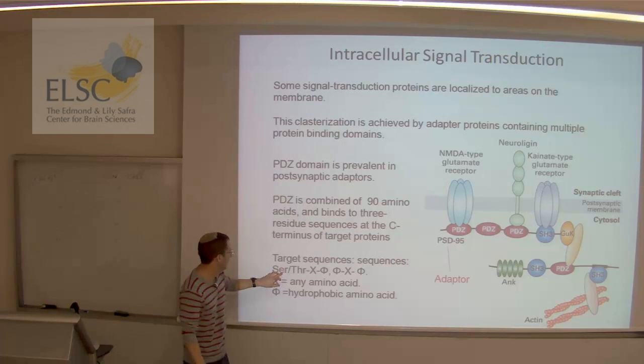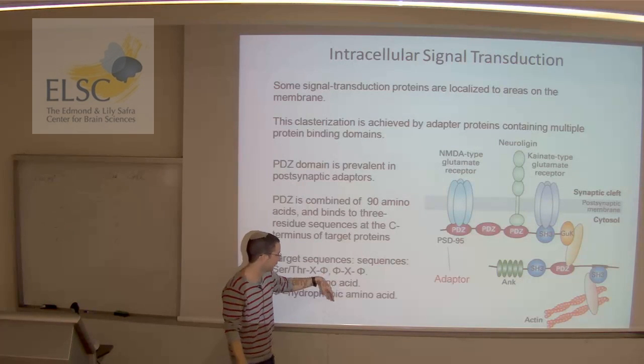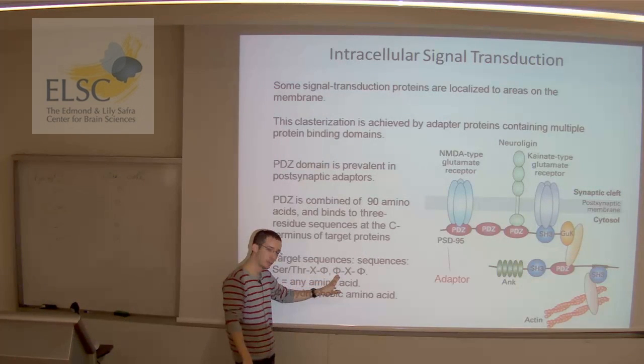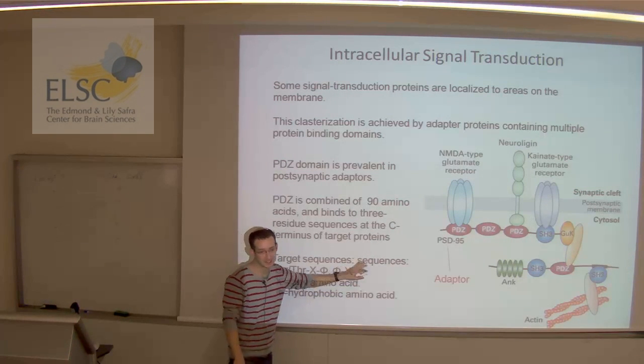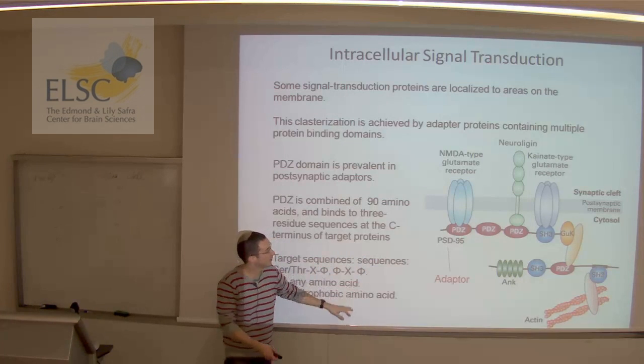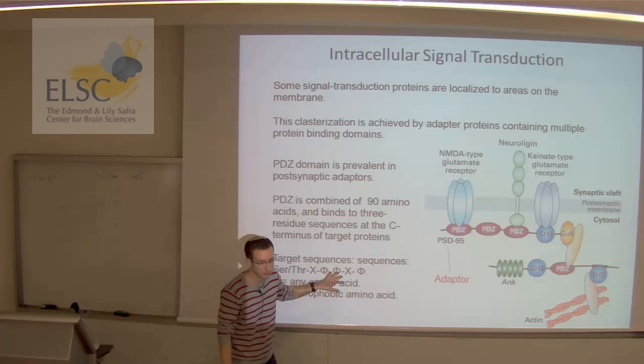It can be either serine or threonine, any amino acid, any hydrophobic amino acid, quite degenerate, quite general, or it can be even more general: hydrophobic amino acid, any amino acid, hydrophobic amino acid. We don't think it's the only determinant of the interaction between PDZ and other proteins, but we do know it's a consensus.